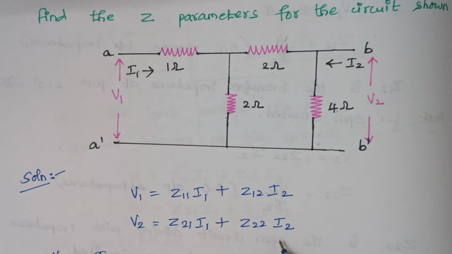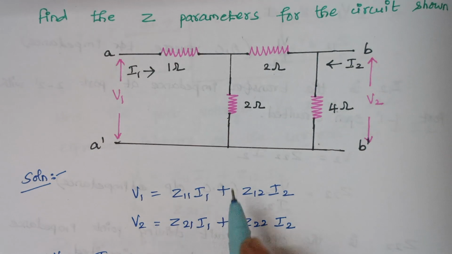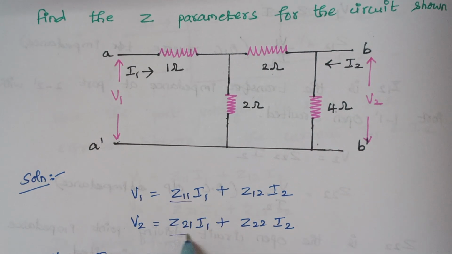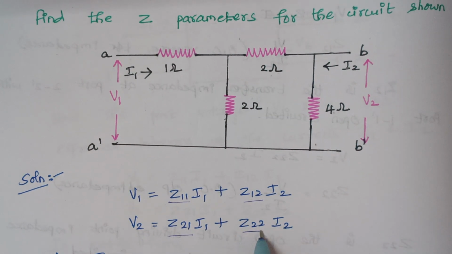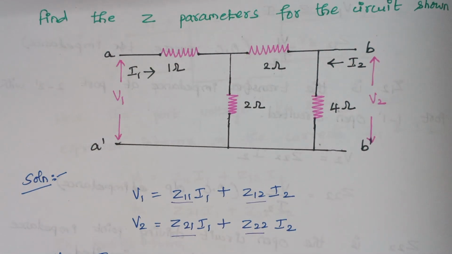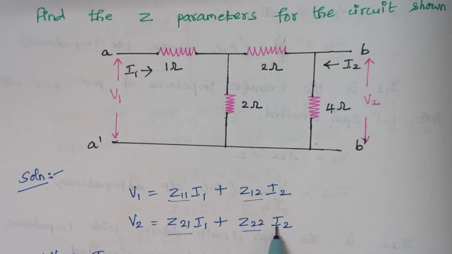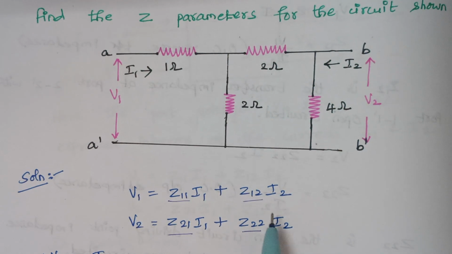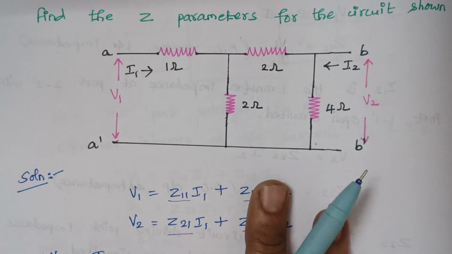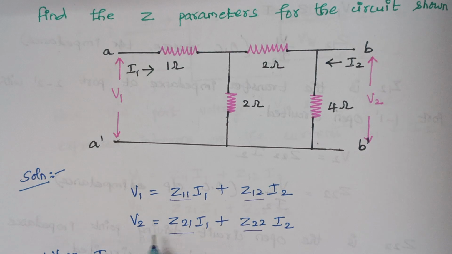In this case, we are going to find these four parameters Z11, Z21, Z12 and Z22. Initially I am making this current I2 as 0. When I2 is 0, these two terms will vanish and we will have only these two terms.